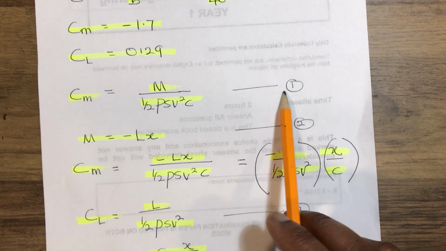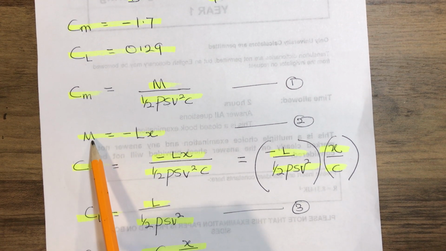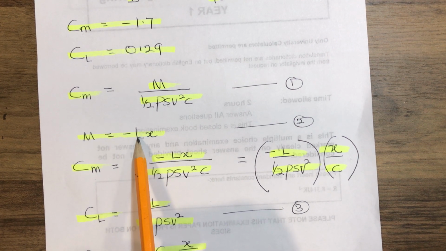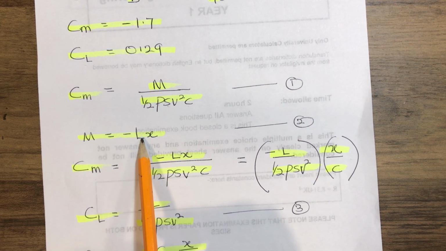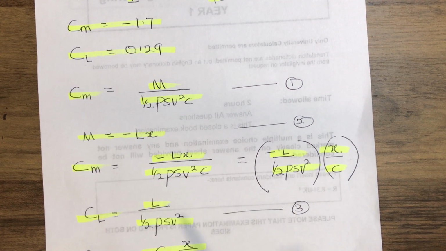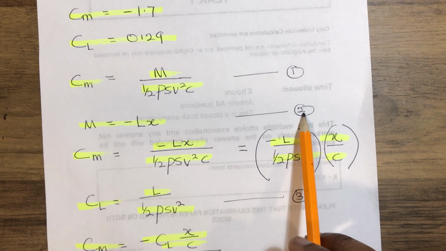So that's equation 1. Now, let us not forget that moment equals negative L times x, that is the multiplication of the lift and the distance. So that gives us equation 2.